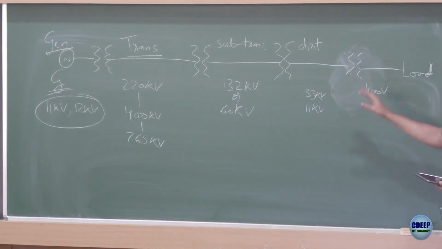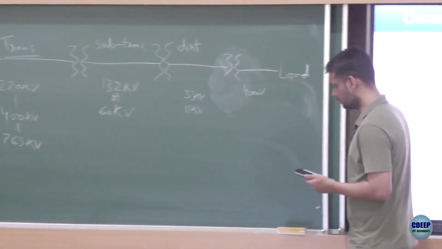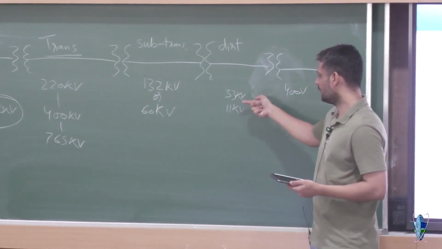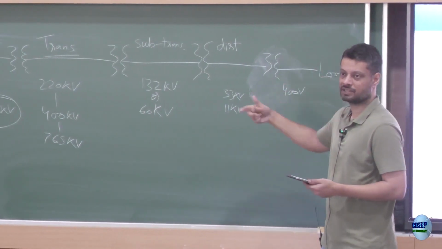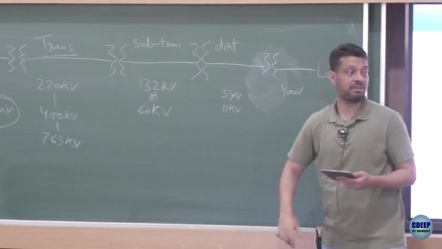Mostly these are the levels, but it changes from country to country. There are exceptions. Even in IIT Bombay, I saw one substation which has a 22 kV rating. So you can have 22 kV as well.